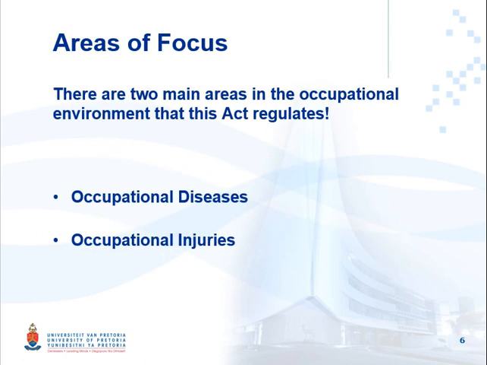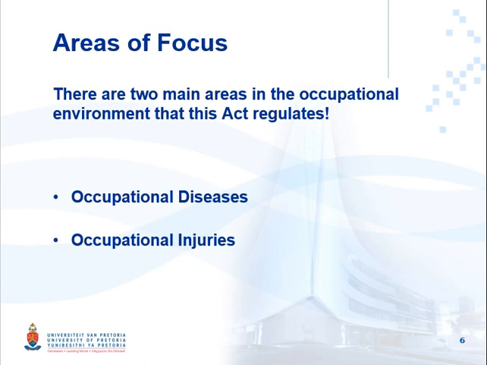The Act 85 of 1993 mainly focuses on two areas: occupational diseases and occupational injuries. Basically, to describe the difference, an injury is like an accident that happens while you are doing your job, but diseases are things that come a little bit later as a consequence of being exposed to a chemical material, or a bad position during the time that employees are doing their job.